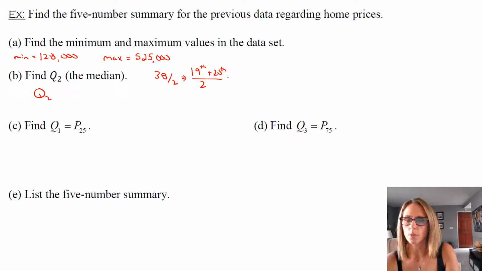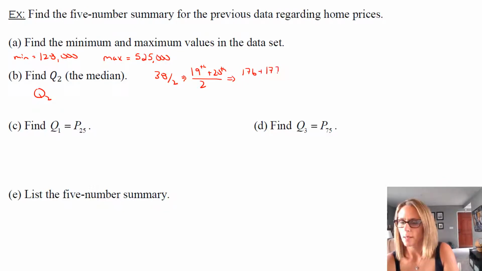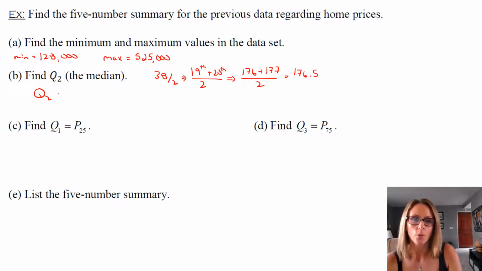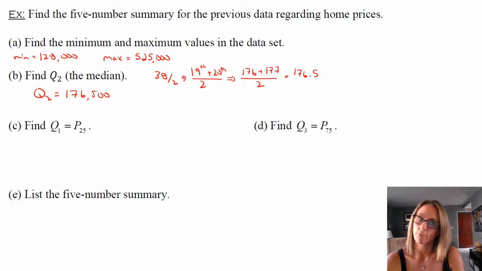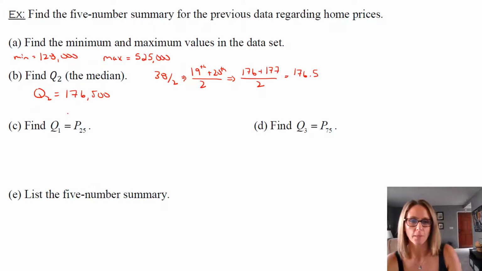That will give us 176 plus 177 divided by 2. So you can see that that's going to be 176.5. So Q2, the median, is 176,500. So now we've already got 3 of the numbers in our 5-number summary.